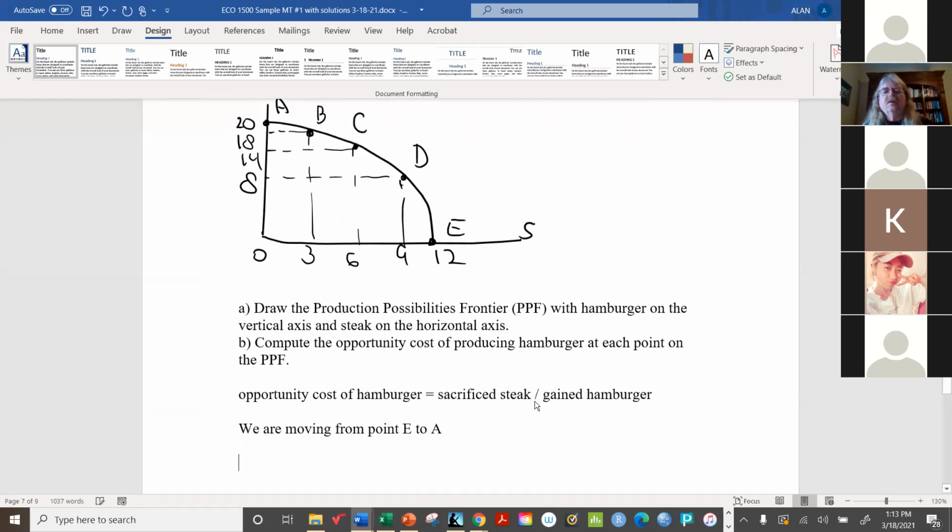So what are the opportunity costs? All right, I'll tell you what. Let's label this first one E to D. And if you look at that graph, you can see that the sacrifice of steak is from 12 to 9. The gain of hamburger is from 0 to 8.